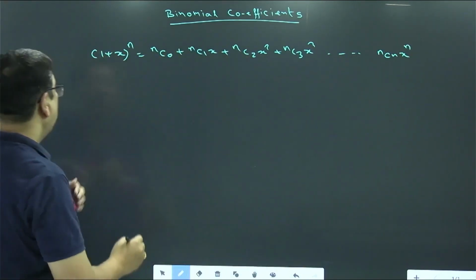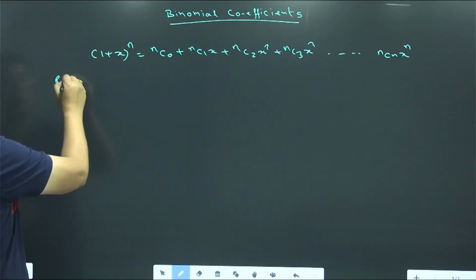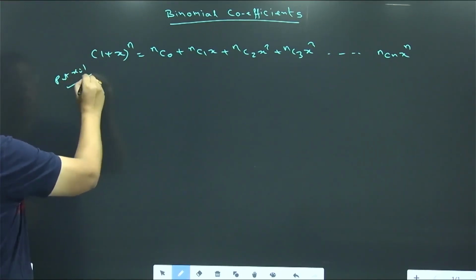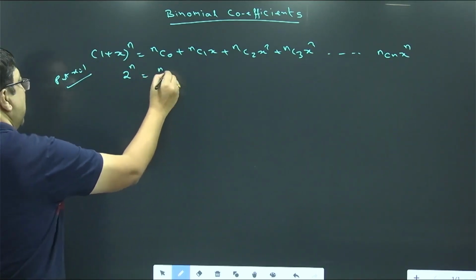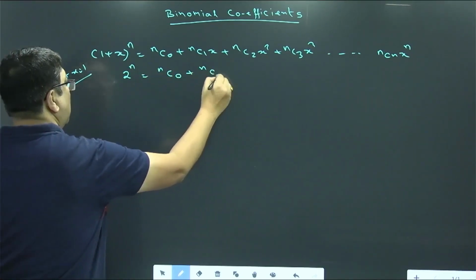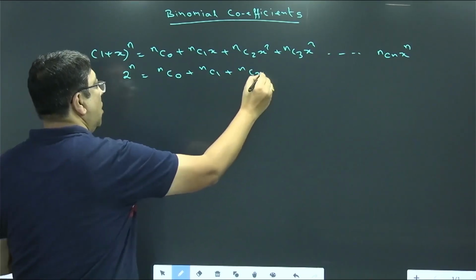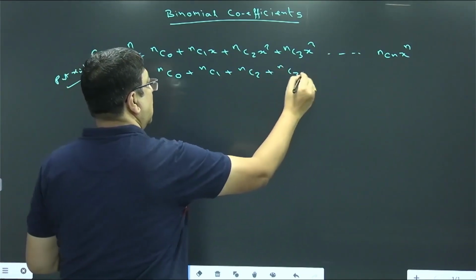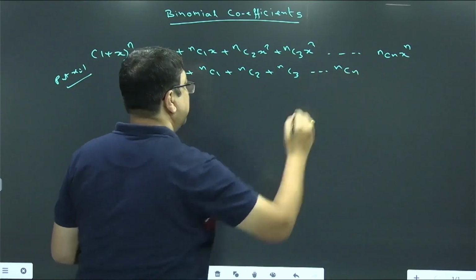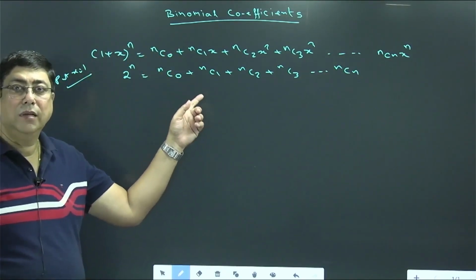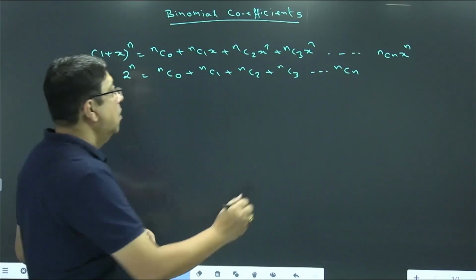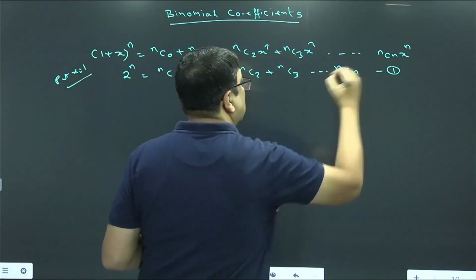In this case, if we put x equal to 1, we are getting 2^n equal to nC0 + nC1 + nC2 + nC3 + ... + nCn. So 2^n equal to nC0 + nC1 + nC2 + nC3 continuing up to nCn.